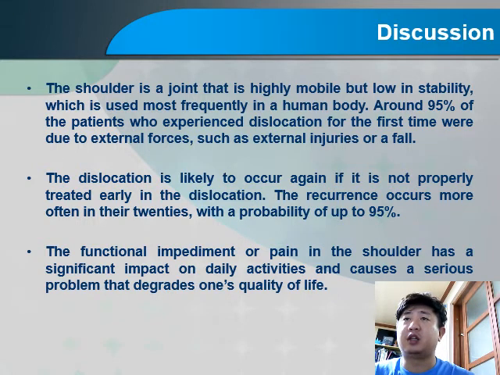The dislocation is likely to occur again if it is not properly treated early in the dislocation. The recurrence occurs more often in younger patients, with a probability of up to 95%. The functional impediment or pain in the shoulder has a significant impact on daily activities and causes a serious problem that degrades one's quality of life.